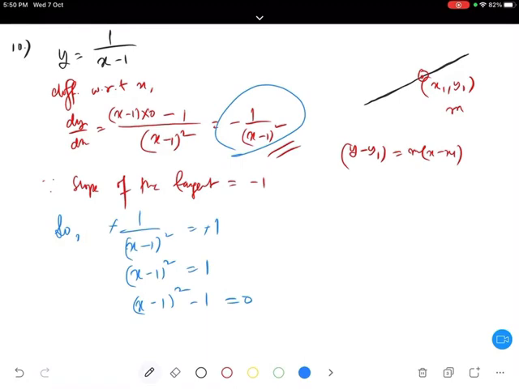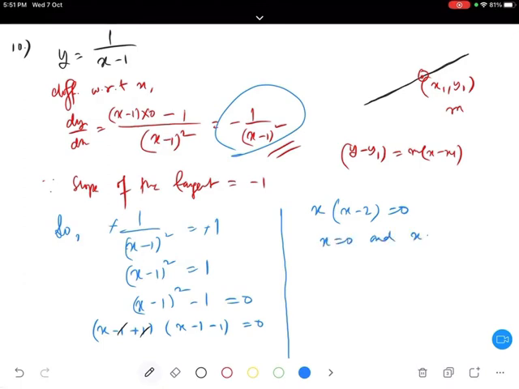So x minus 1 plus 1, then x minus 1 minus 1, is equal to 0. If I simplify this further, x minus 1 plus 1 gives x, and x minus 2 is equal to 0. So the 2 points are x equal to 0 and x equal to 2.